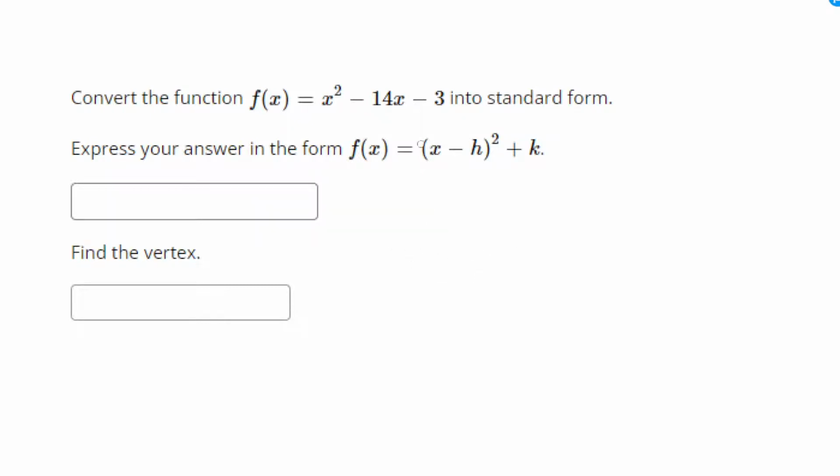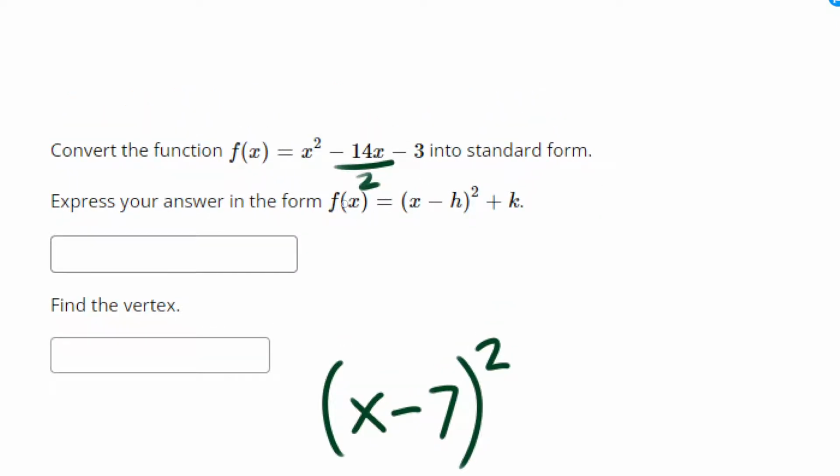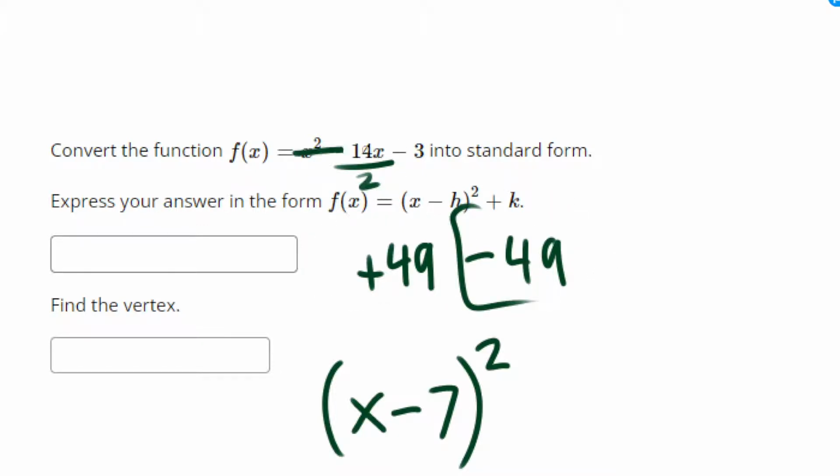So we'll divide -14 by 2. That gives us -7, so we have x minus 7. We know that's going to be in the parentheses, and that's going to be squared. And then 7 squared is going to be 49. So plus 49, and then minus 49 because we cannot change the value of our function. And that leaves us with the x squared and the 14x and the positive 49, which get eaten into this.